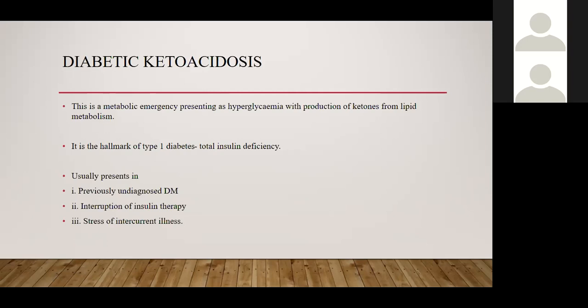Once they go up, it's going to cause the liver to release more glucose into the bloodstream. And already you are having some form of insulin deficiency, so blood glucose will go up, and hence you are going to have issues of DKA.